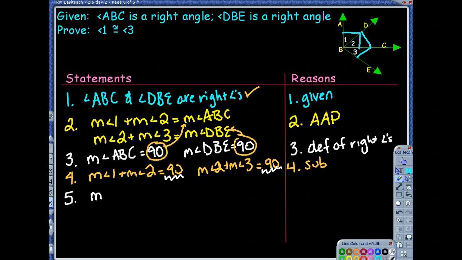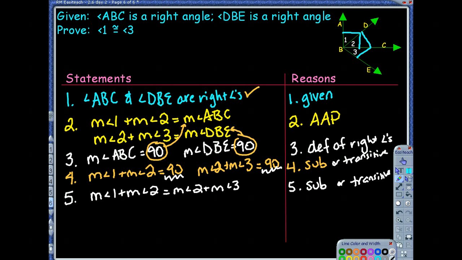Sounds like a logical plan, right? Because we know they both equal the same thing, so they equal each other. Measure of angle 1 plus the measure of angle 2 equals the measure of angle 2 plus the measure of angle 3. And what reason would you use there? You could use substitution, and you could actually use transitive, really on either one of those steps.